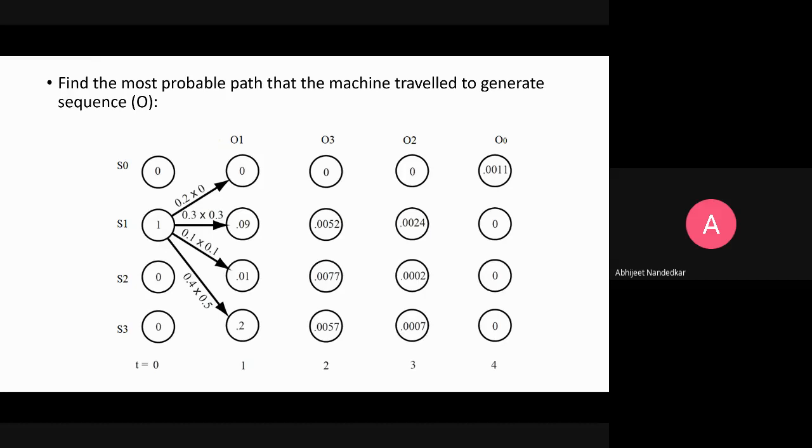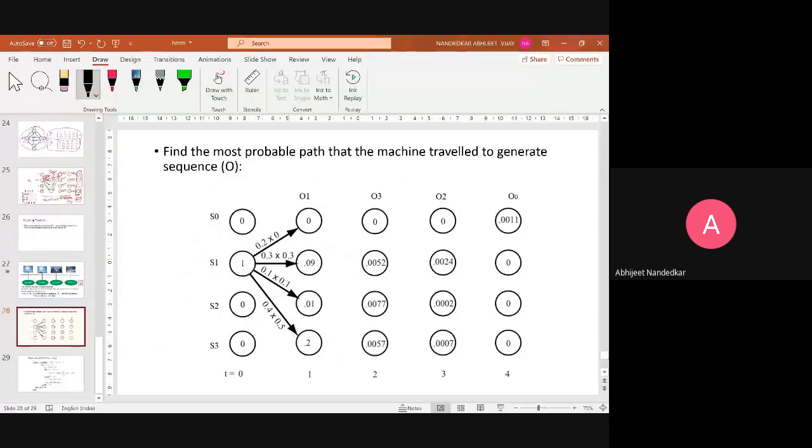That we want to find out. So we have different values of alpha here. After calculation of these alpha values, we choose a path of max alpha. Whichever alpha is maximum, that state we are choosing.